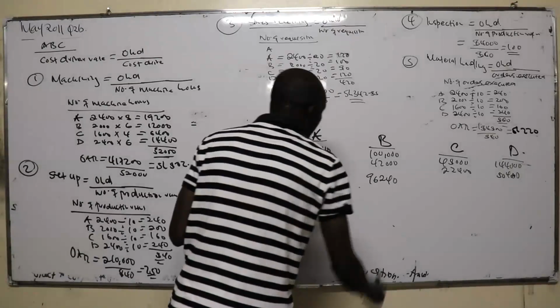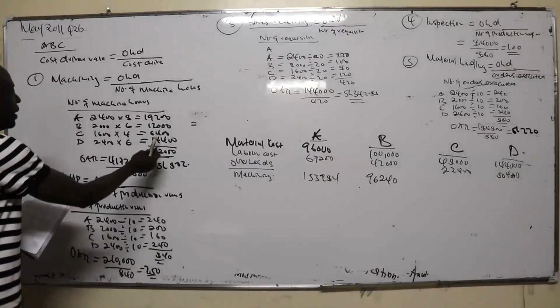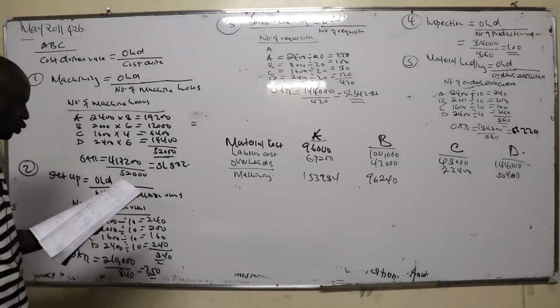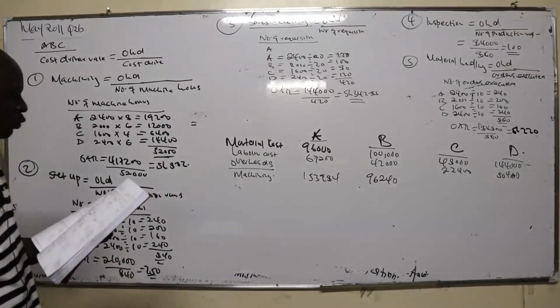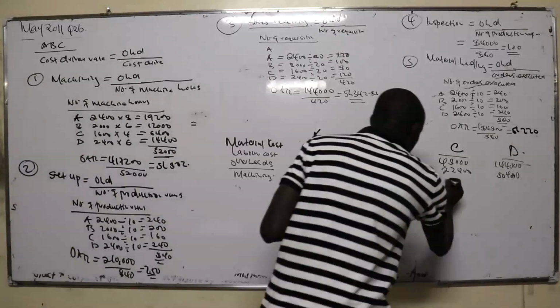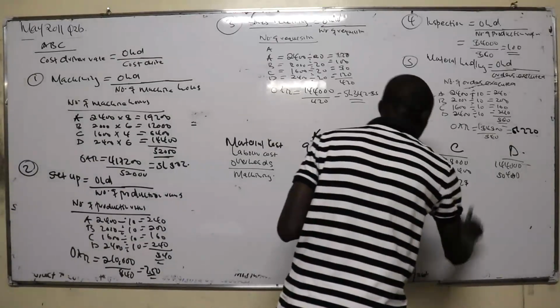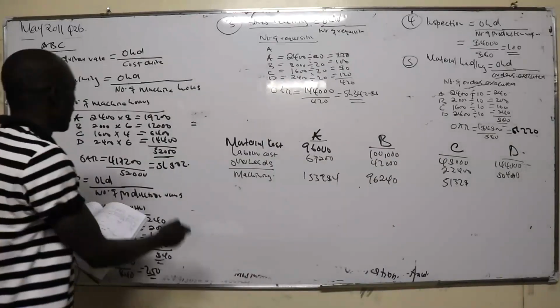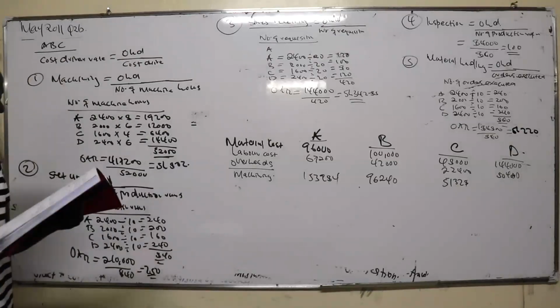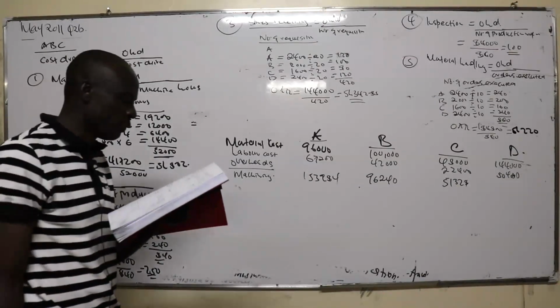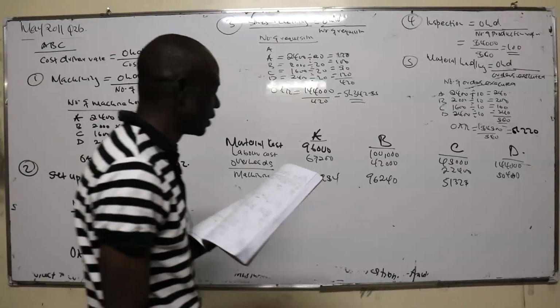The next one, you multiply this times 8.02, which is 51,328. And this times this is going to be 115,488.